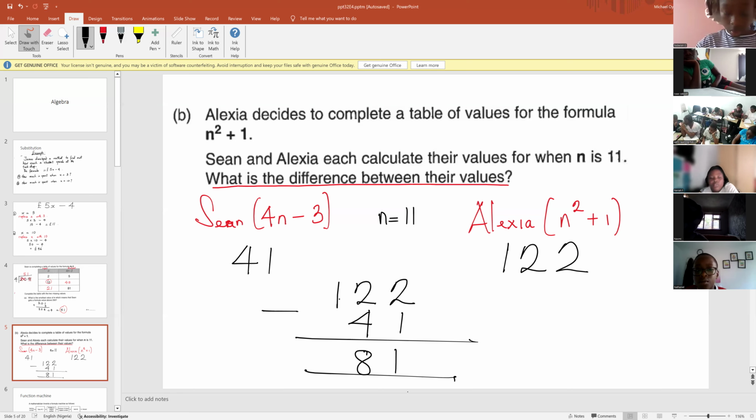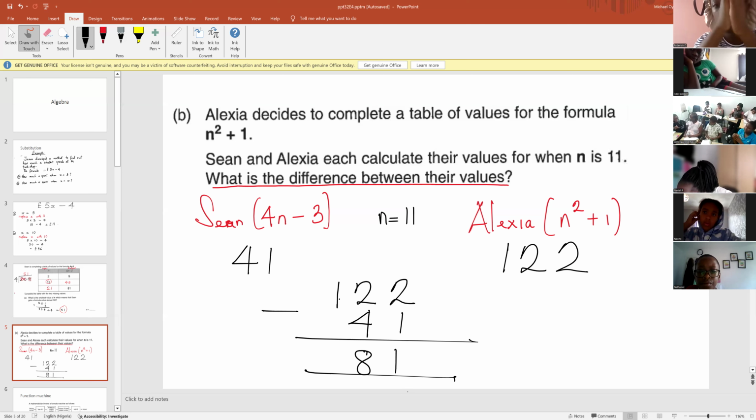How many of you got 81? Give yourselves a round of applause. Are you afraid to clap for yourselves?